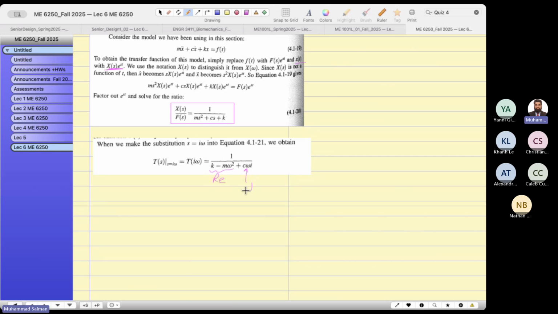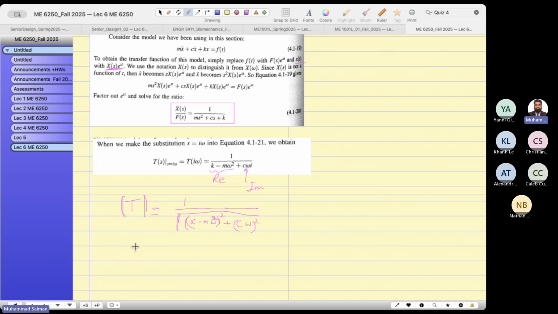This is an imaginary component. And if you take the, I would say, the absolute, the real part of this. I'm sorry, this is 2 omega square. So this is the magnitude.